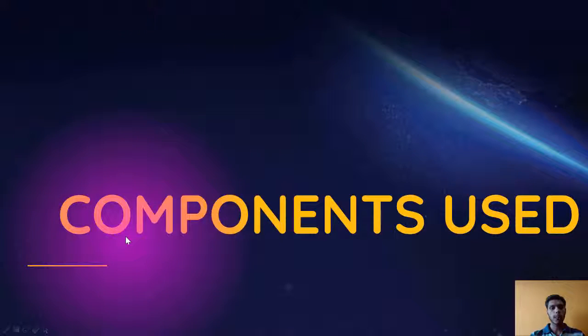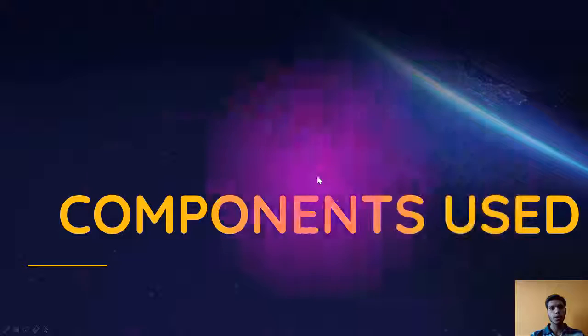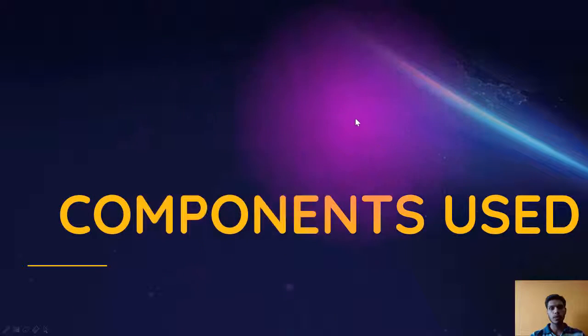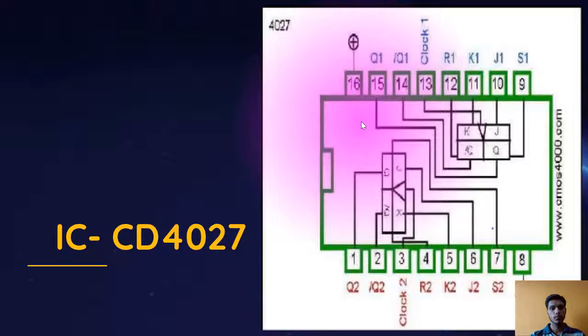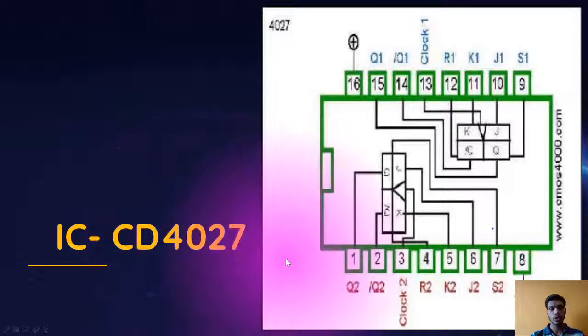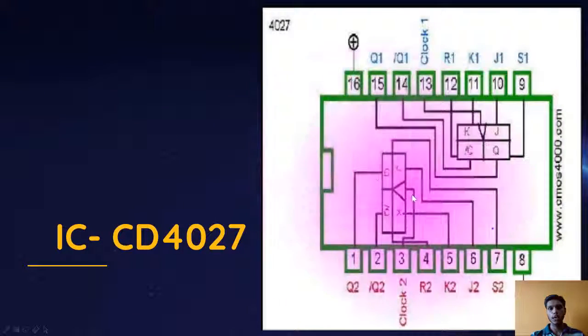Now, coming to the components that are used in this circuit. How do the components used in the circuit actually look? Let us see the components one by one. This is the first IC, that is CD4027, which comprises two JK flip-flops.